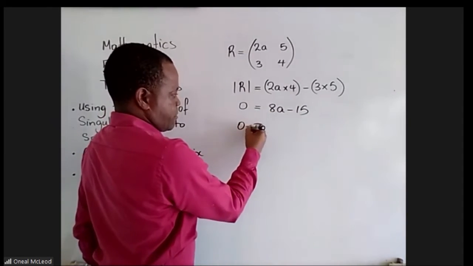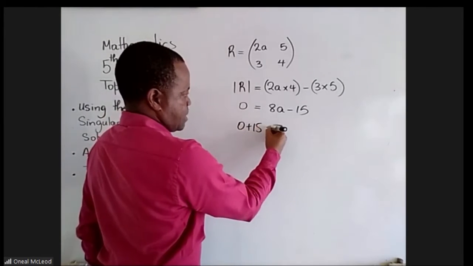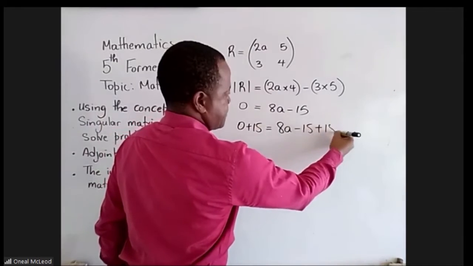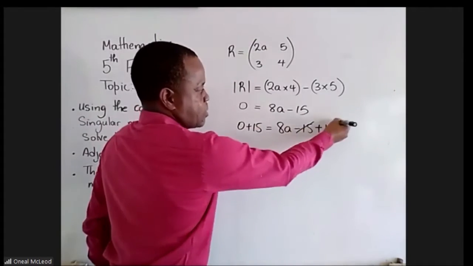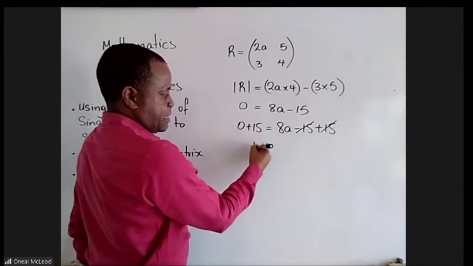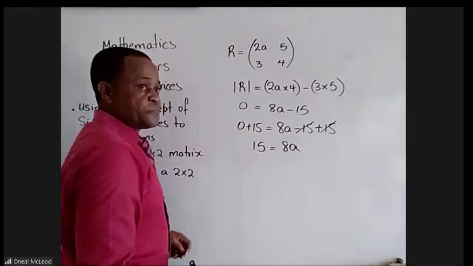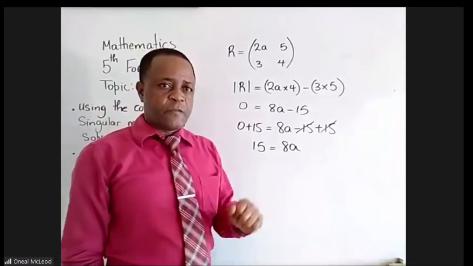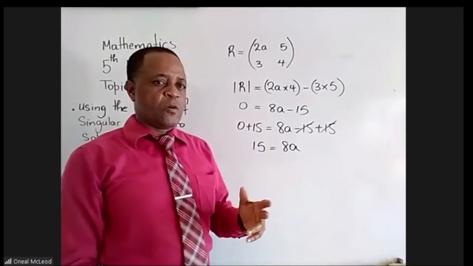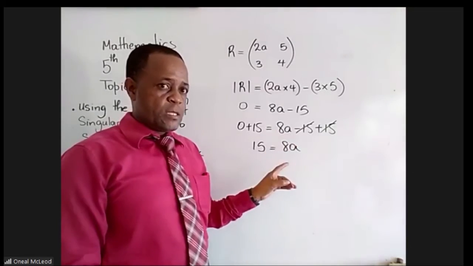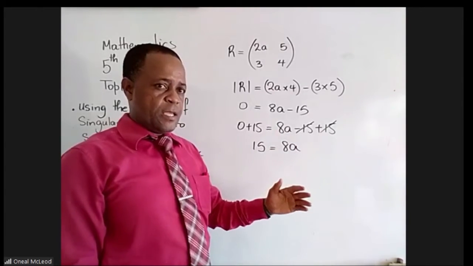So that's 0 plus 15 equal to 8A minus 15 plus 15. That will go out. We're left with 15 equals 8A. Very, very simple. Now it's time for us to get rid of the 8 so that we can isolate the A.